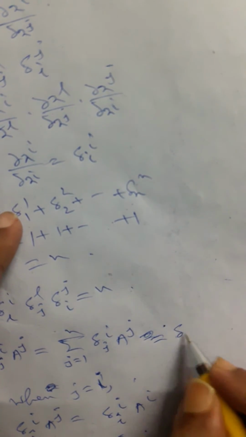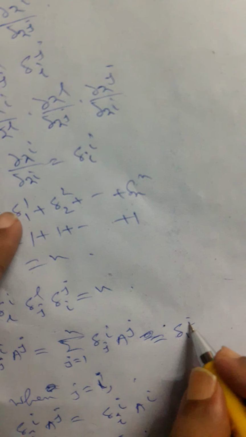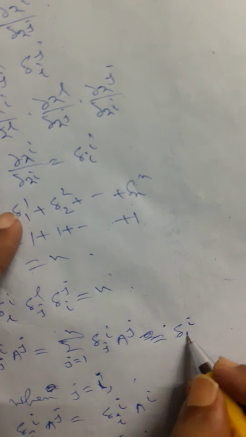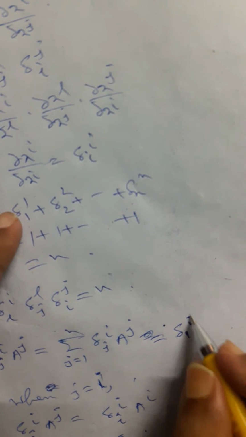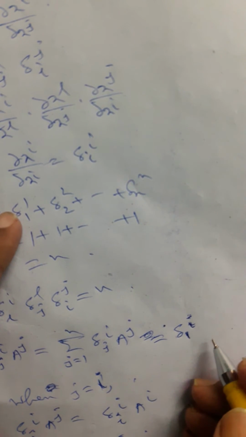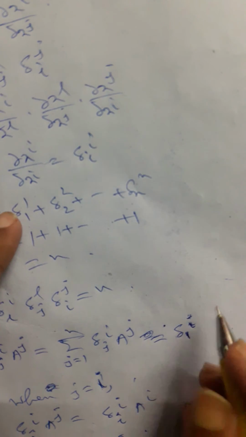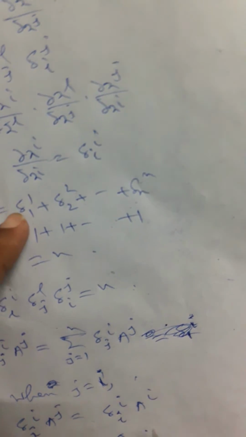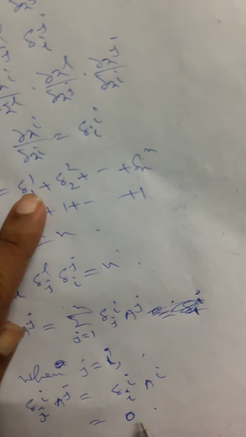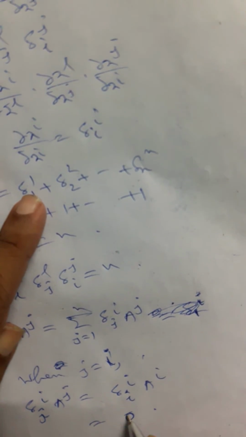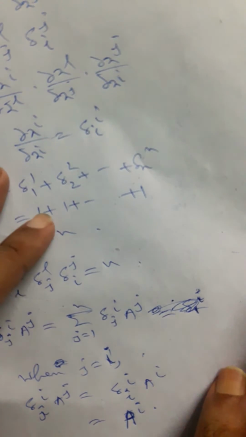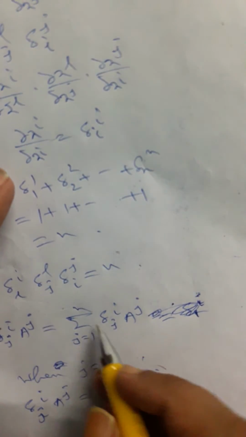If we expand this, for j not equal to i, whatever the arbitrary value of j, every term is 0. First we find j equals i, which gives 1. So it will be only a_i, and all other terms will be 0.